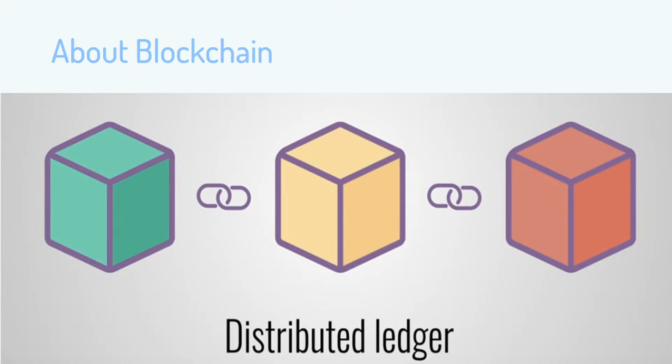We have the transferring details, but not everyone can access the data. Only the person I am sending it to can open the data, but the data record is shared with every person in the community. That is called a distributed ledger.